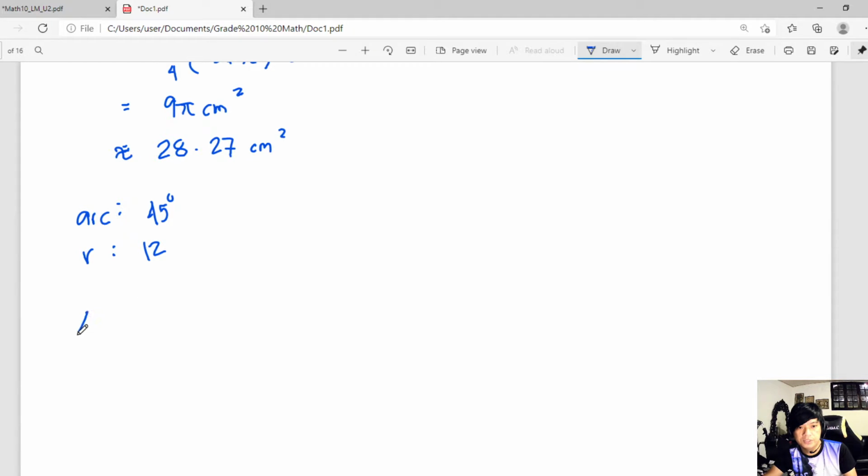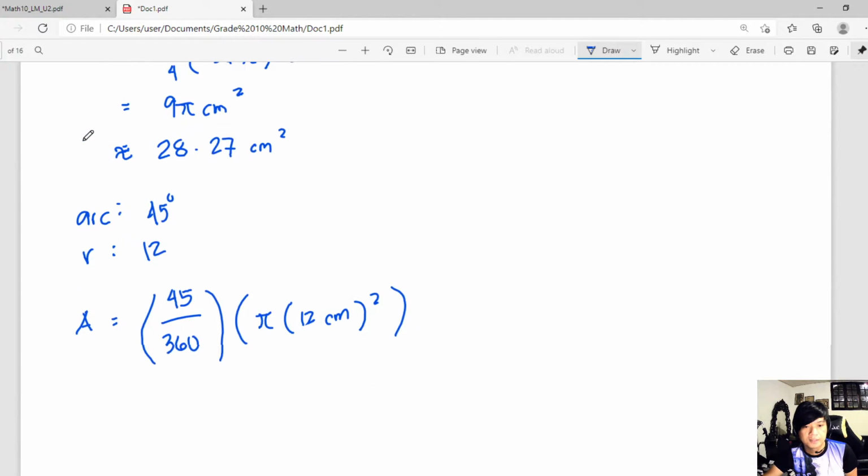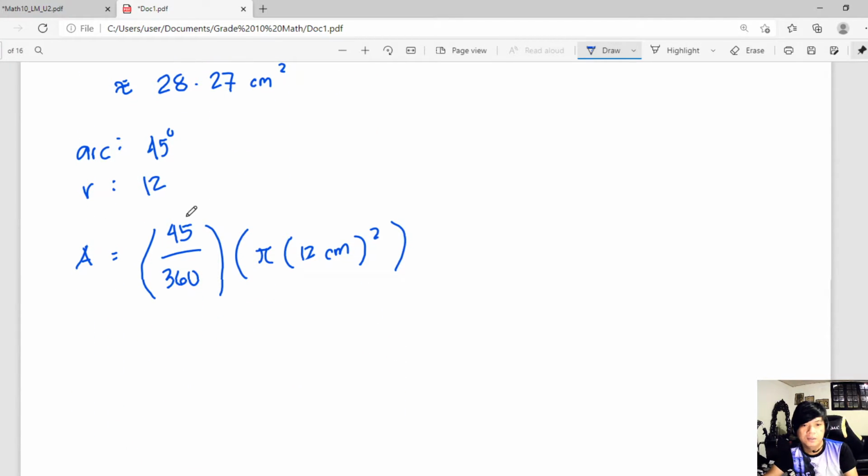So we'll use the area of a sector, that is the measure of the arc, which is 45 over 360, times the area of the circle, which is pi 12 centimeter squared. So we will simplify.